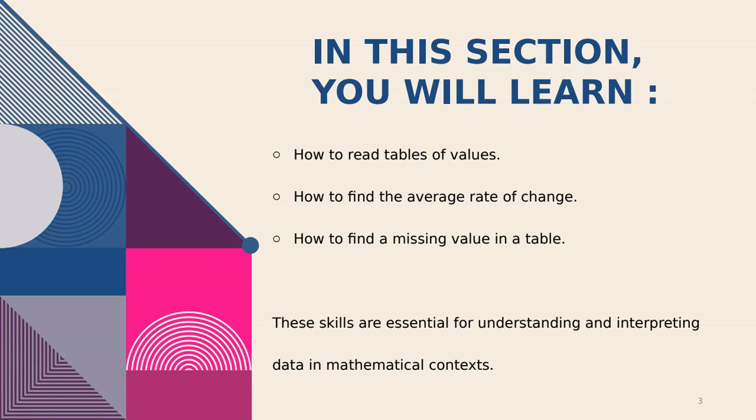In this section, you will learn how to read tables of values, how to find the average rate of change, and how to find a missing value in a table.